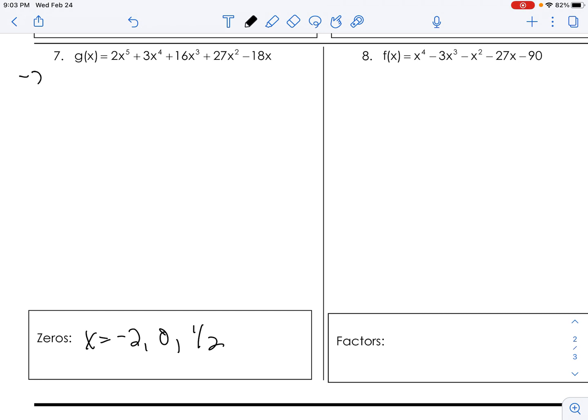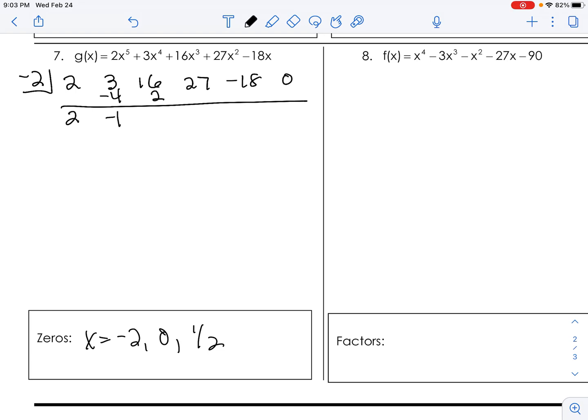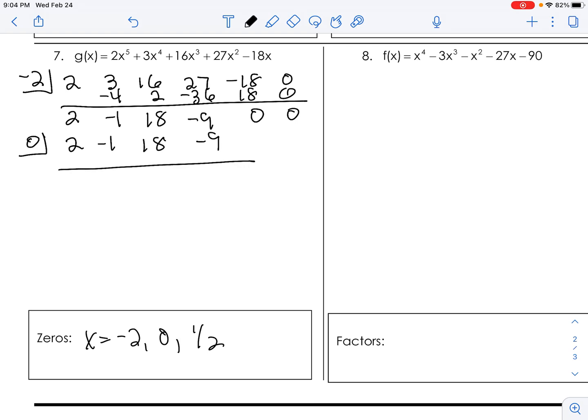All right, so let's start with negative 2. It doesn't matter which one you start with. 2, 3, 16, 27, negative 18, 0. 2, negative 4. All right, now I'm going to use the next 0, which is 0.